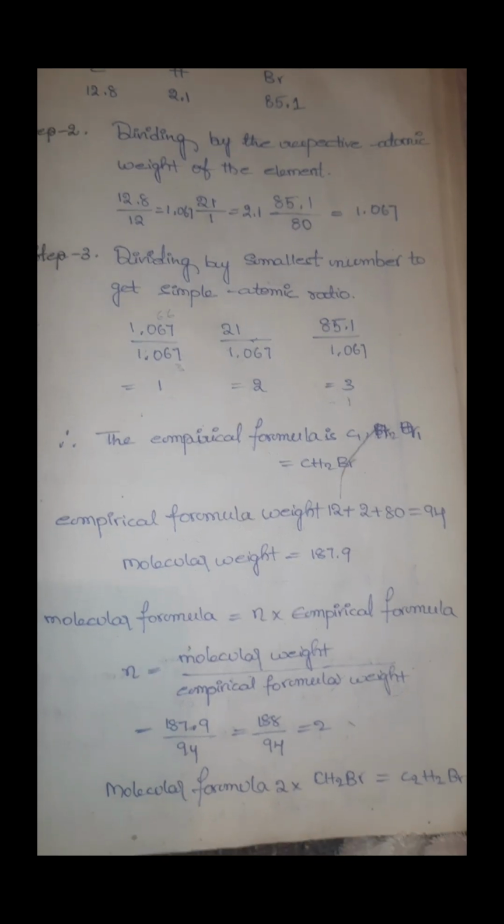Here one question is given. A carbon compound contains 12.8% of carbon, 2.1% of hydrogen, and 85.1% of bromine. The molecular weight of the compound is 181.9. Calculate the molecular formula. The steps are given here.